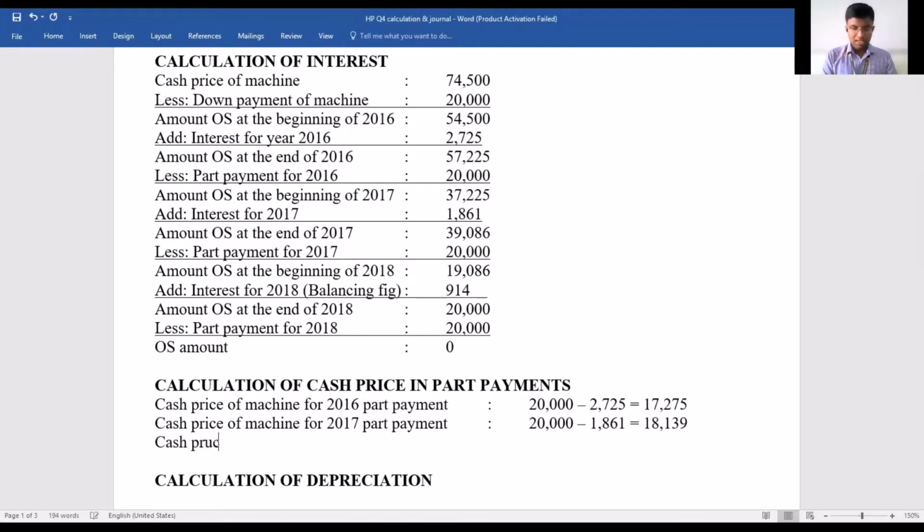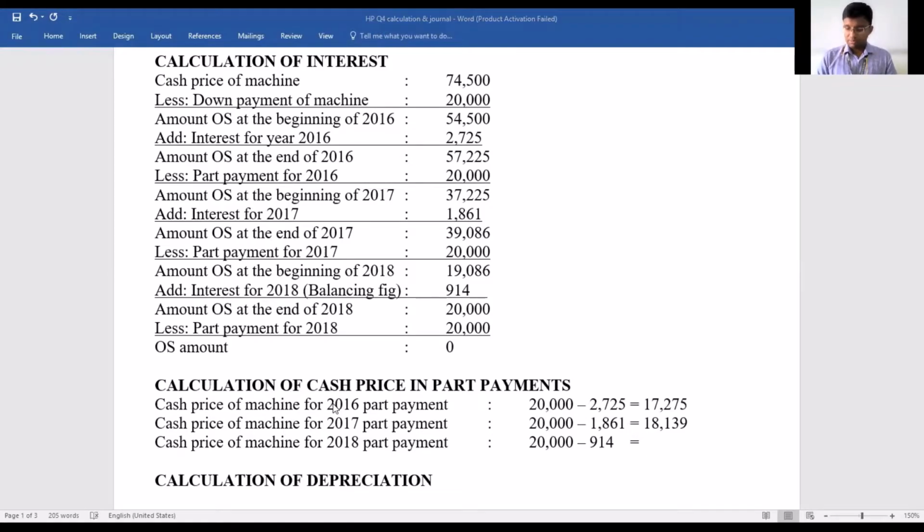So similarly, the cash price of the machine for the 2018 part payment. Work this out. You would get this to be 20,000 minus 914, and then there it goes.